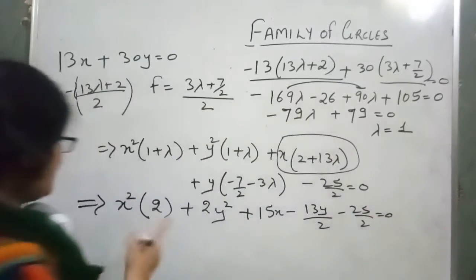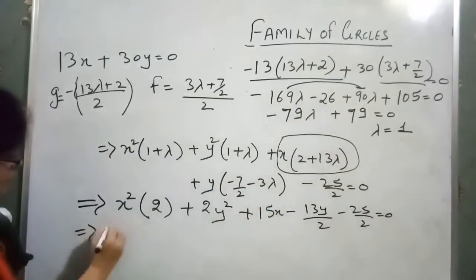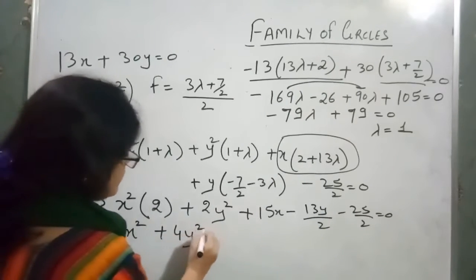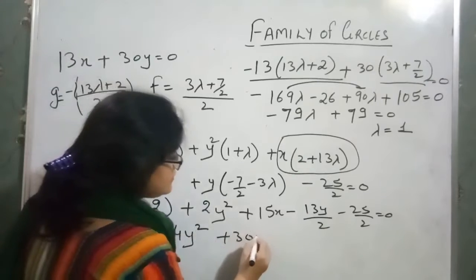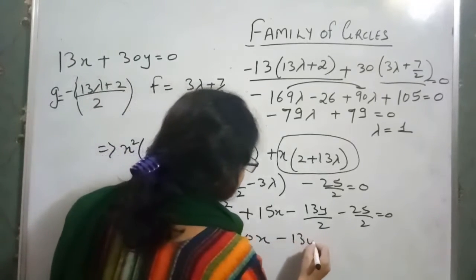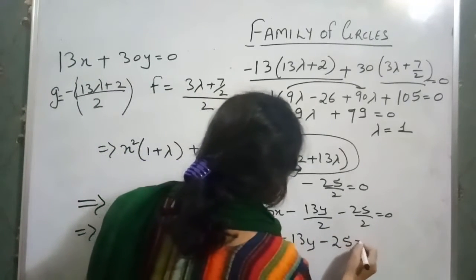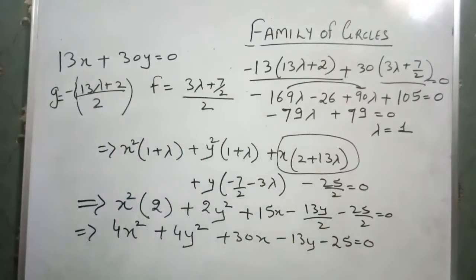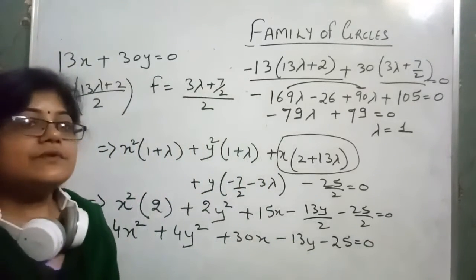So just multiply with 2. We have 4x squared plus 4y squared plus 30x minus 13y minus 25 is equal to 0. So I think you know that in this way we find the equation of a family of circles.